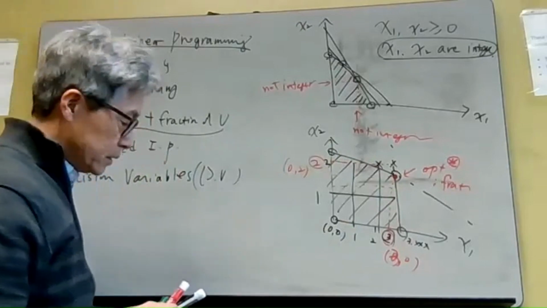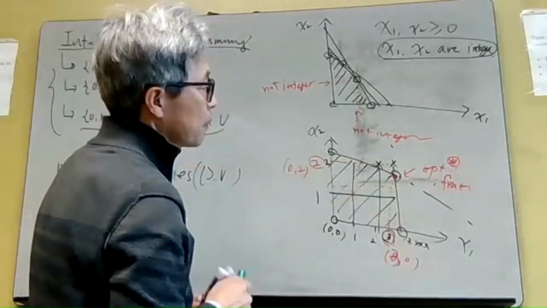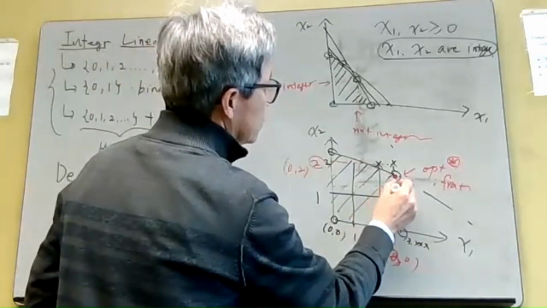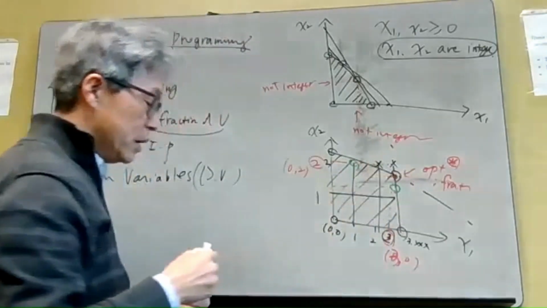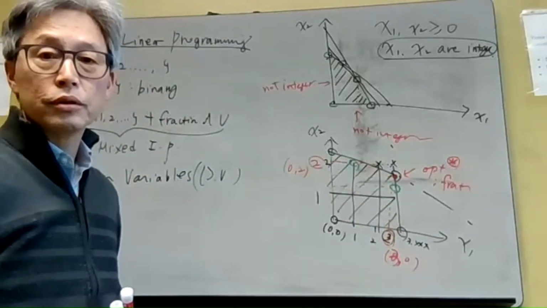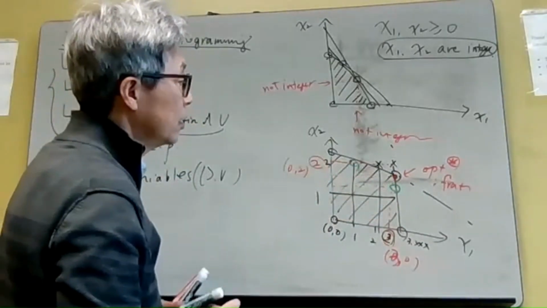So which one is the best solution we are looking for? It can be this, or it can be this, which is the closest to the fractional optimal solution. You may try either of these.